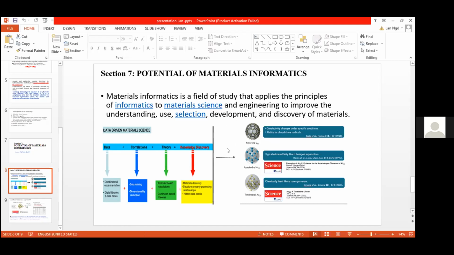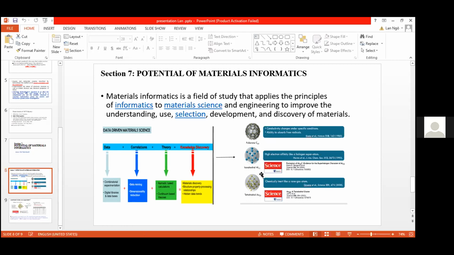And step by step, beyond this, we identify some superatoms, such as fullerene C60 with conductivity chain under special conditions, hydroxide, and Al13 with high electron affinity like a halogen superatom.